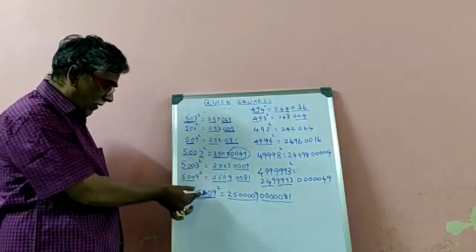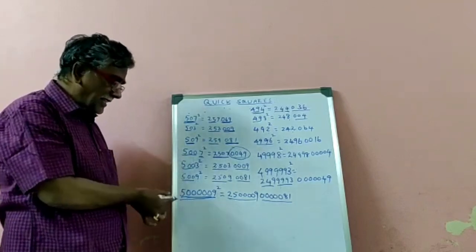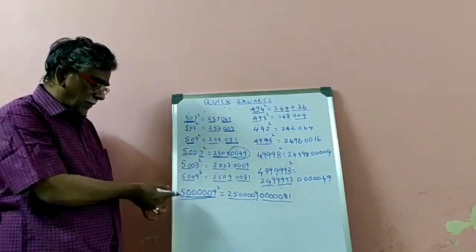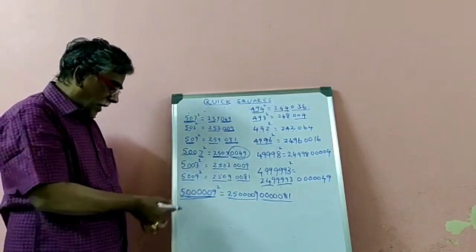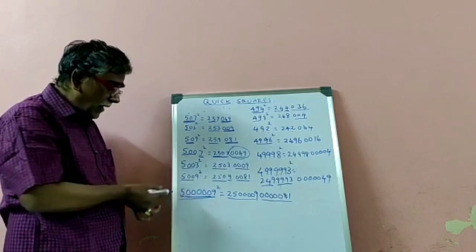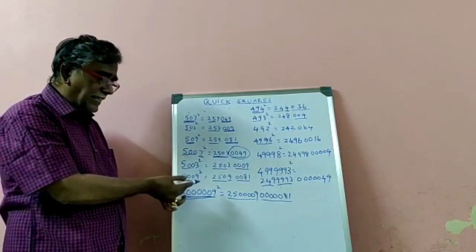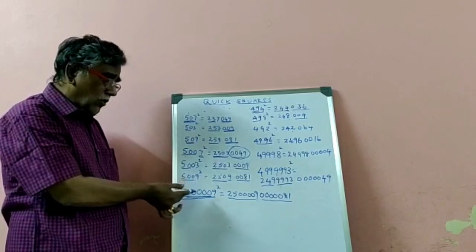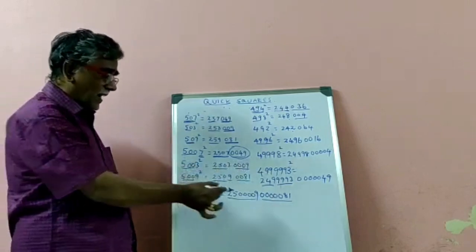Now take 50 lakhs 9, that is 5000009, and its square. In this case how many digits are there? 1, 2, 3, 4, 5, 6, 7. 7 digits are there. How much greater than 50 lakhs is it? Here it is 9 greater than 50 lakhs. So you have to take 81. 9 square is the last part, with 7 digits.